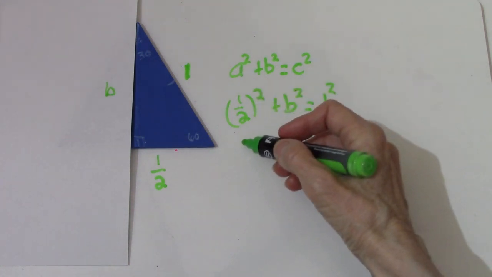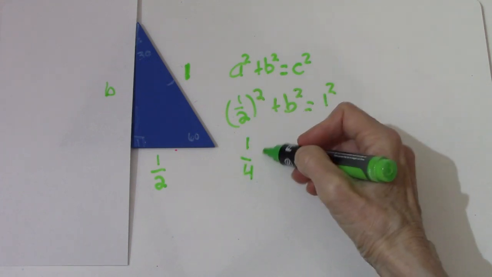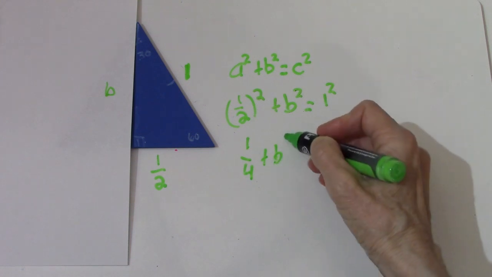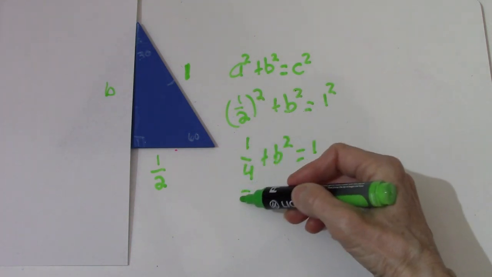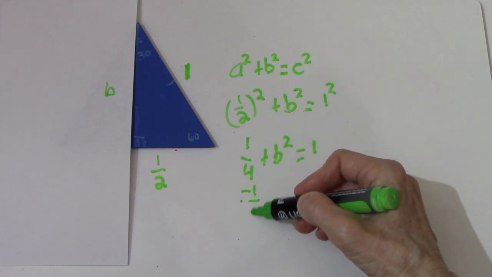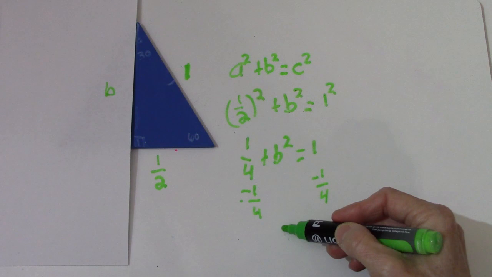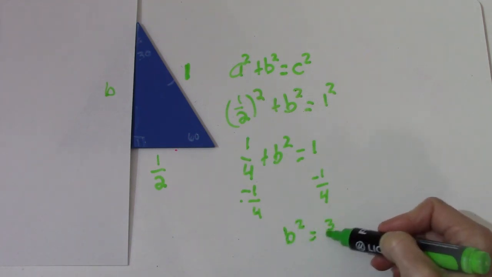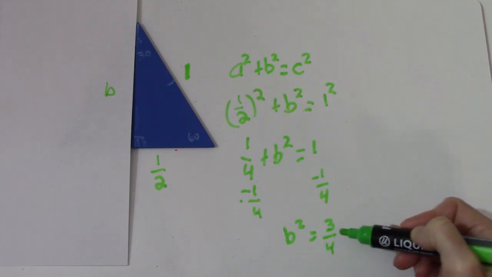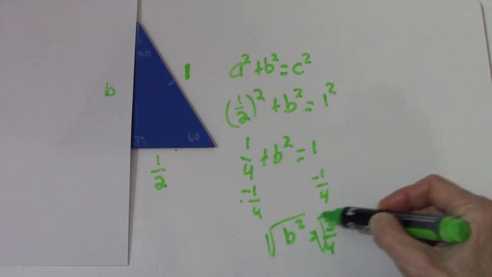So 1/2 times 1/2 is 1/4. 1/4 plus b squared equals 1. Subtract the 1/4 from both sides and leave it as a fraction, and I get b squared equals 3/4, and then I'm going to take the square root of both sides.